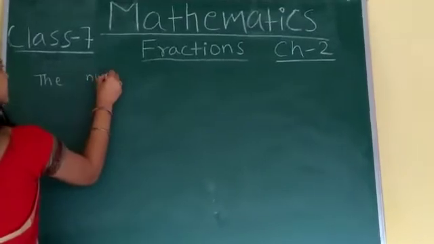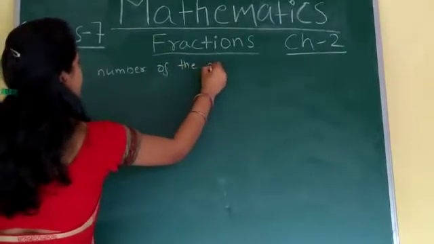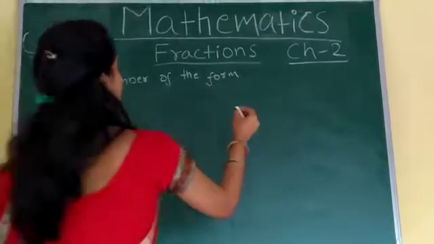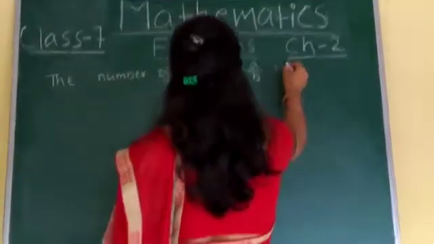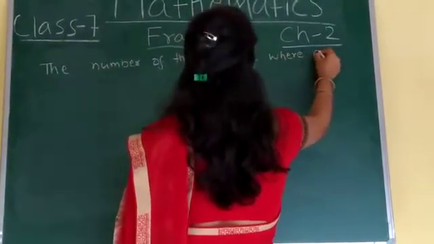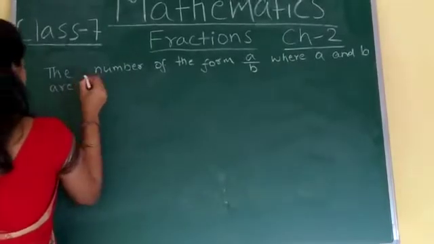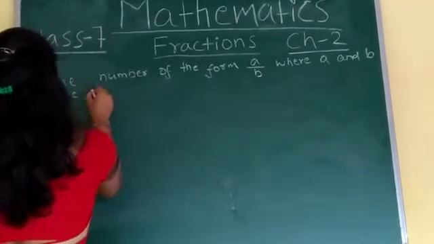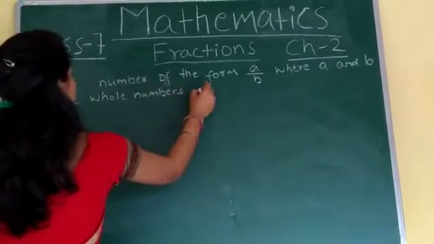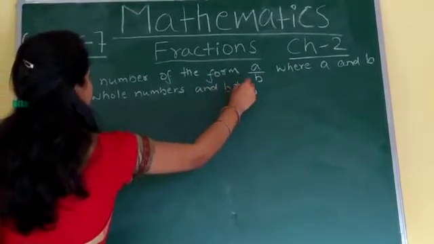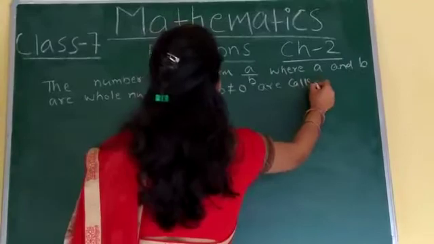The number of the form a by b, where a and b are whole numbers and b not equal to 0, are called fractions.